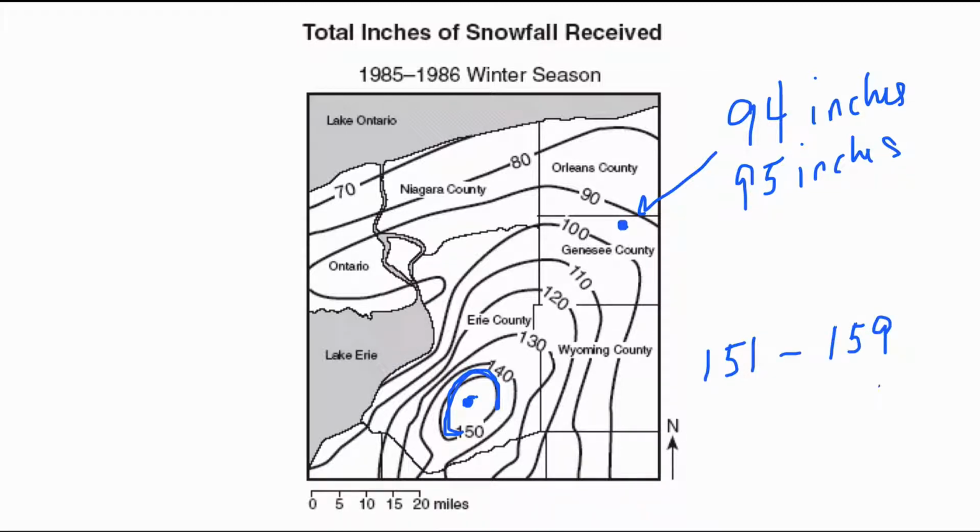Why 159? Well, if it was 160, I would have another line drawn since this is going by 10. But I don't. So if I was asked this as a test question, I would say anything between 151 and 159. And any answer would be okay as long as it was in that range.